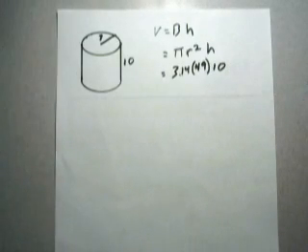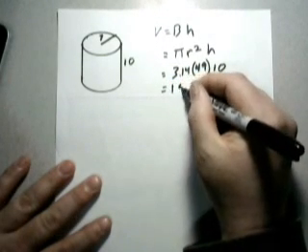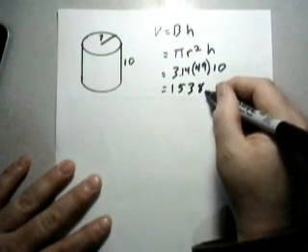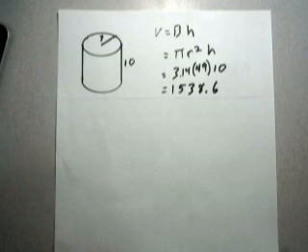That will be the volume of that cylinder. 3.14 times 49 times 10 is 1,538.6. So that is the volume, whatever those units are, inches, feet, miles, whatever they happen to be.